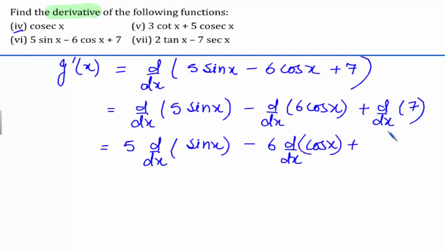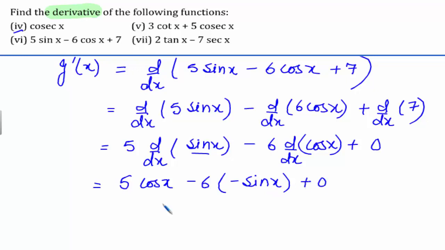So this is equal to 5 cos x plus 6 sin x. Therefore, the derivative of 5 sin x minus 6 cos x plus 7 is equal to 5 cos x plus 6 sin x.